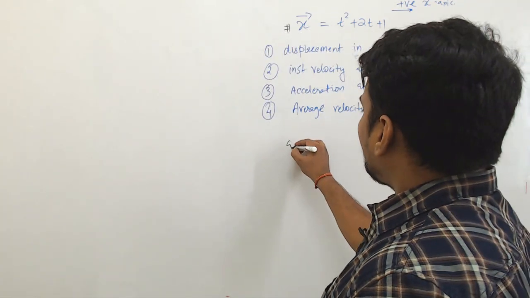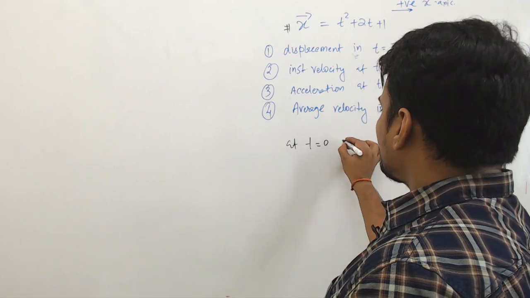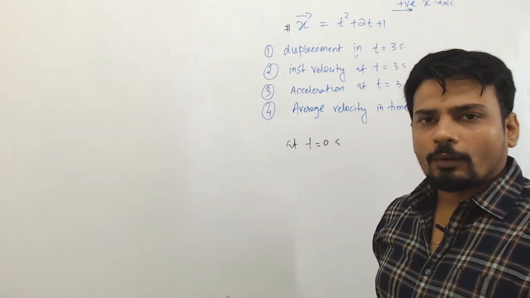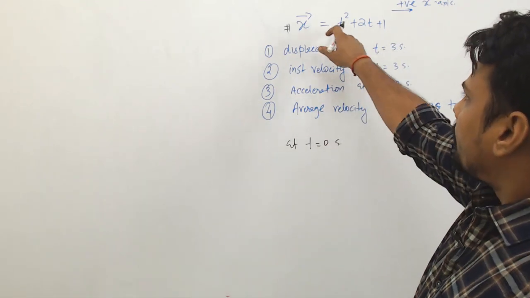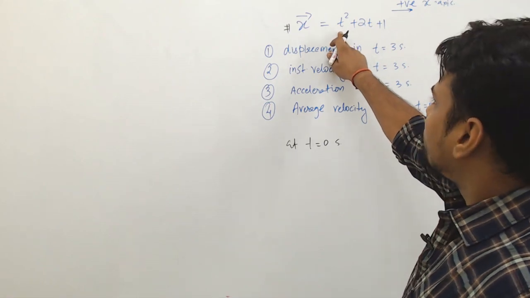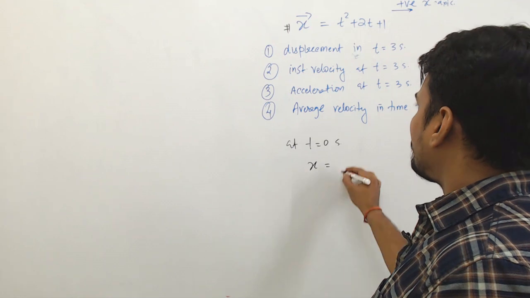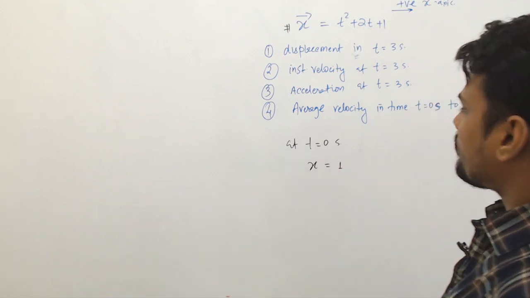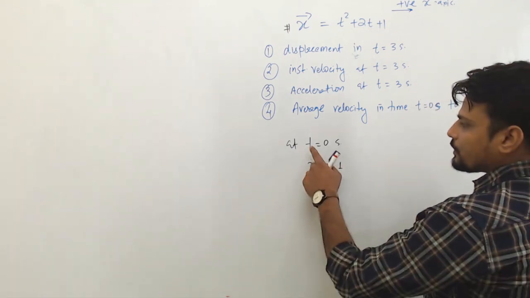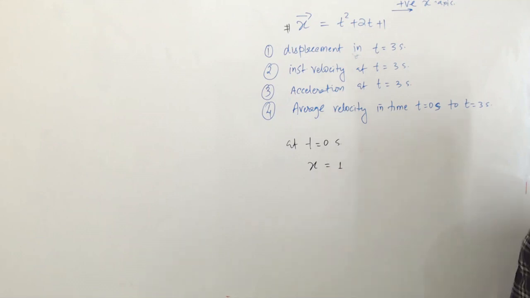So if I want to know at time t is equals to 0 second, what is the position of the body, we need to replace the value of t as 0 in this equation. So the position would be given as how much? Just 1. It means at time t is equals to 0, the body is at position 1 on the x-axis.